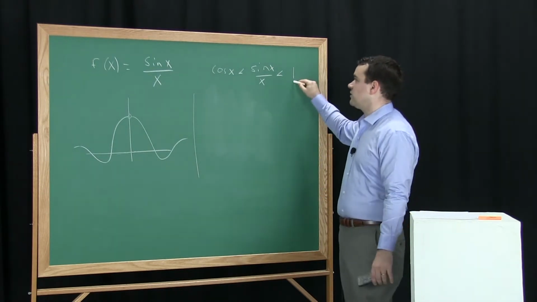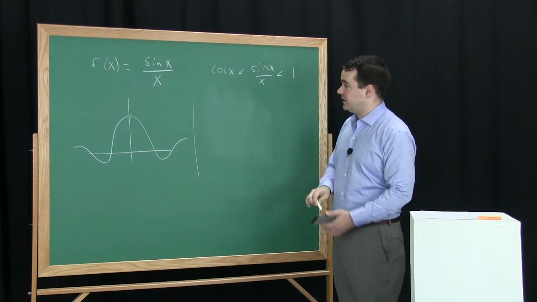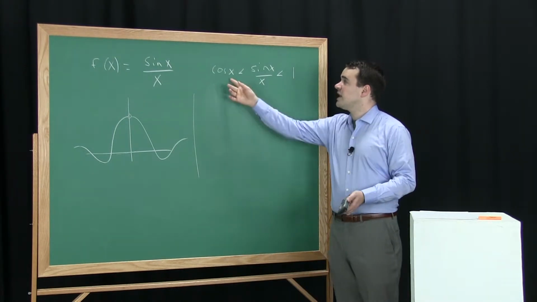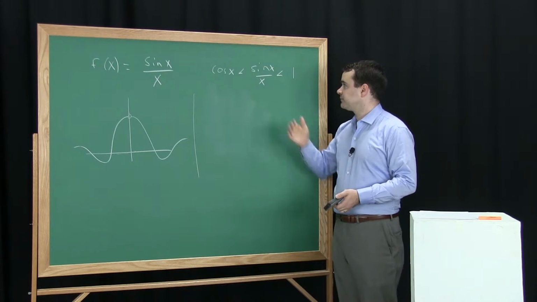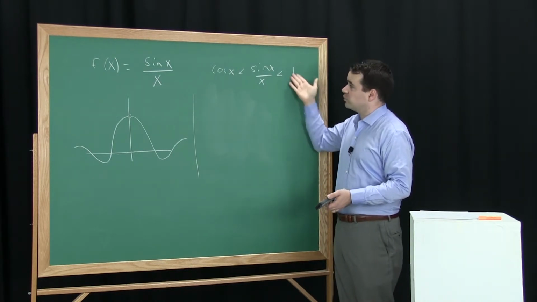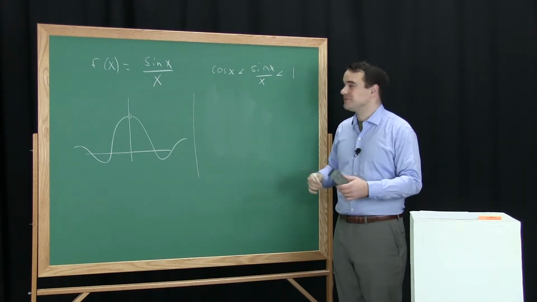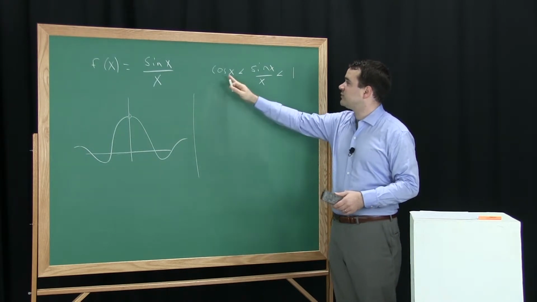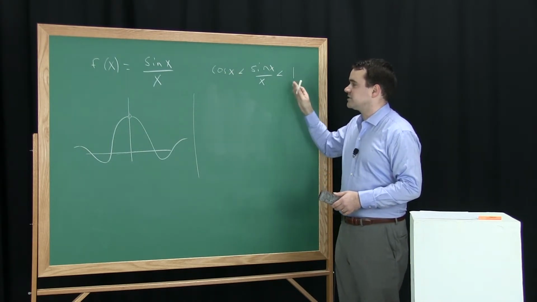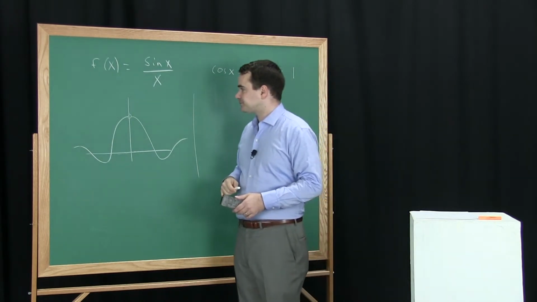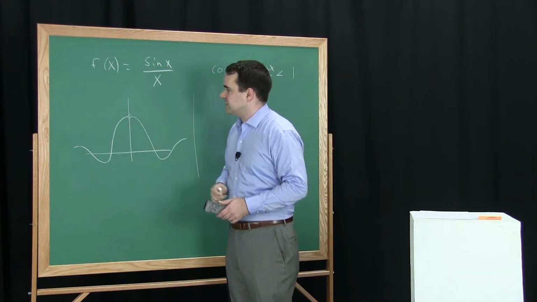And that's something you can also see from this inequality. Because as x goes to 0, cosine of x goes towards 1. And as x goes to 0, 1 just stays constant, of course. So this thing is trapped between a function that's heading towards 1 and a function that's already equal to 1. And you can see that represented here.